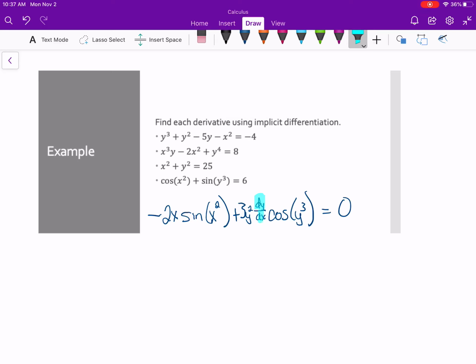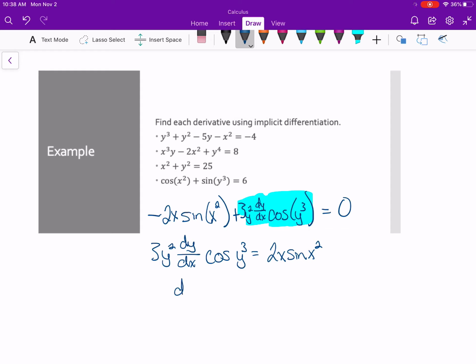Go find all my dy dx terms. Get rid of everything else. So we have 3y squared dy dx cosine of y cubed equals 2x sine of x squared. I want the dy dx by itself, so I'm going to divide by everything else.